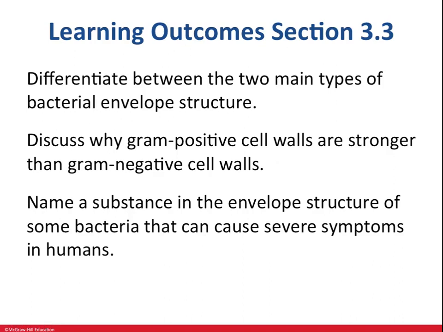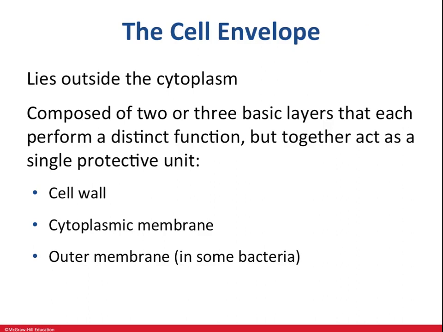Now let's work on section 3, which is about the envelope. What is the cell envelope? This is the outside layer of the cytoplasm, made of 2 or 3 basic layers that each perform distinct functions but together act as a single protective unit.